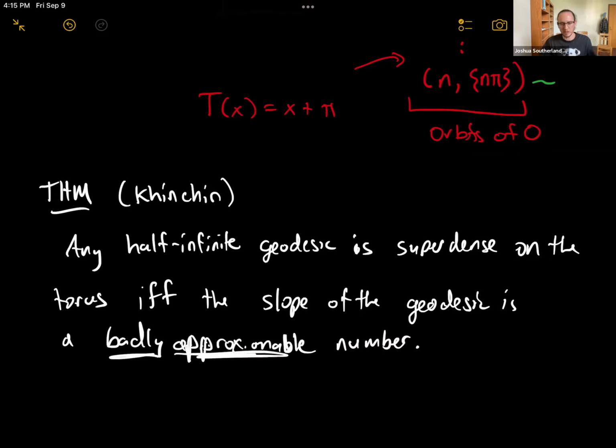There's a certain subset of the irrational numbers that would actually produce these super dense flows.